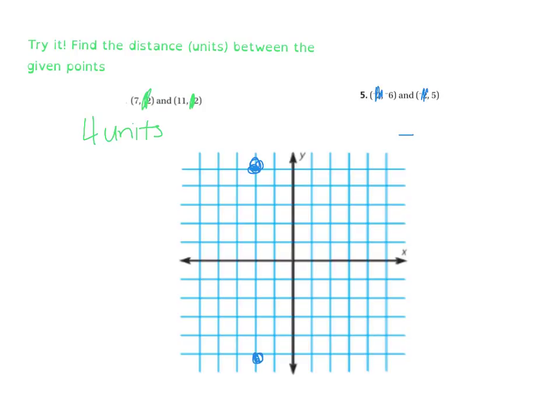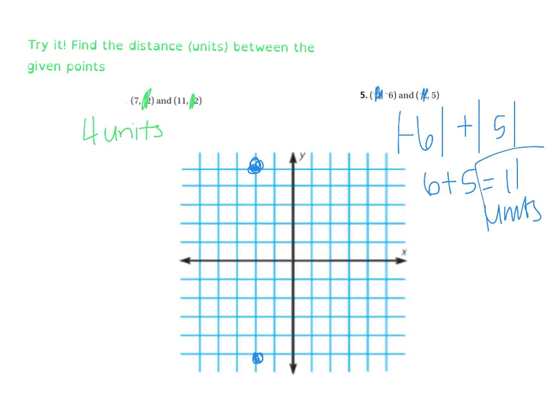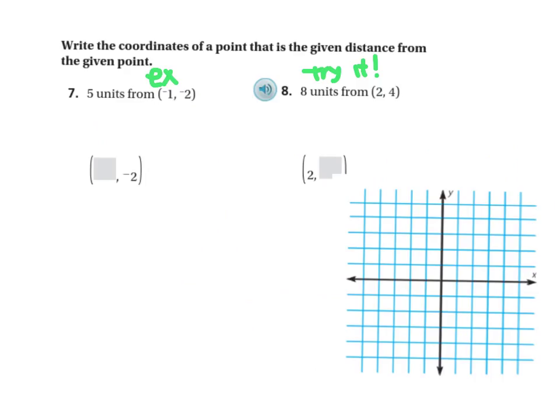So I'm going to do the absolute value of -6 plus the absolute value of +5, which would give me 6 plus 5, which would be 11 units. And mostly I like using this coordinate grid to see, okay, it's pretty far. And that is 11 spaces.